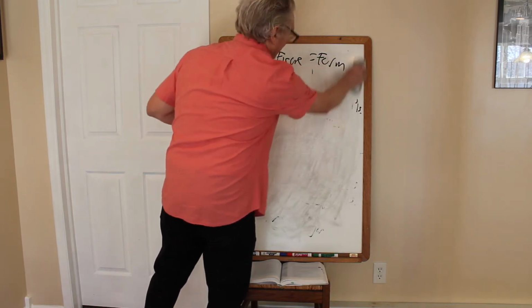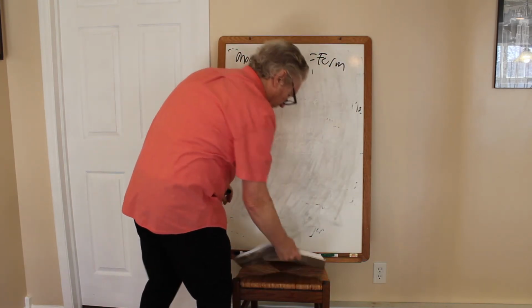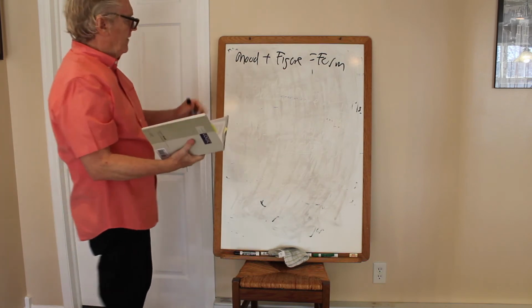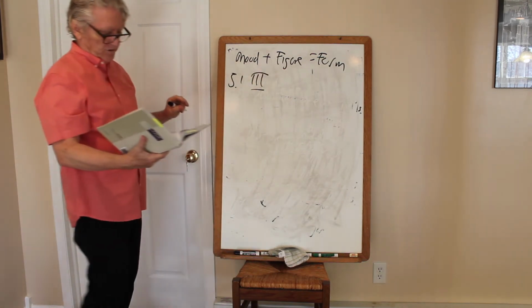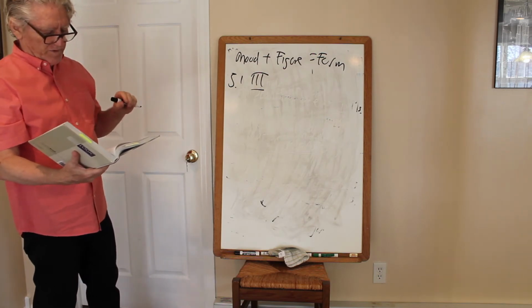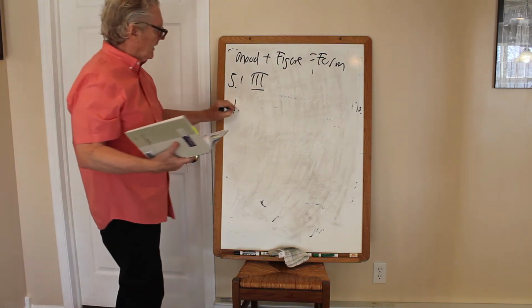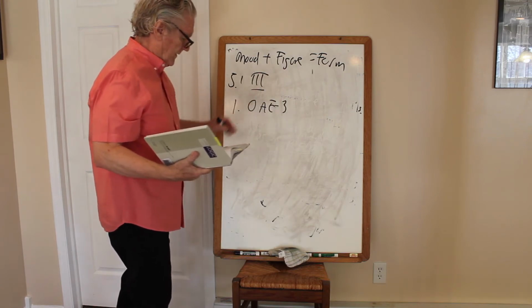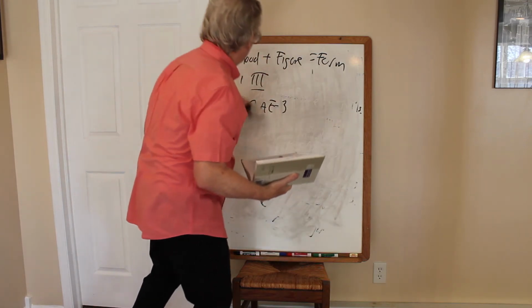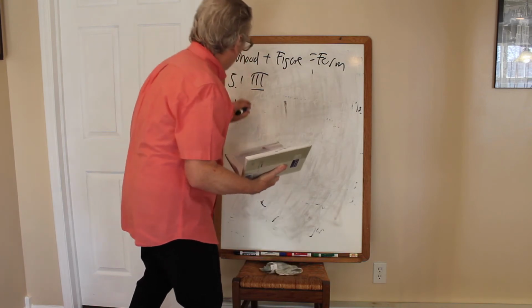And so you're given, in these cases, 5.1 Roman numeral 3, several forms of arguments. Take number 1. You're given OAE3. I should have written that vertically, so I'll do it again.